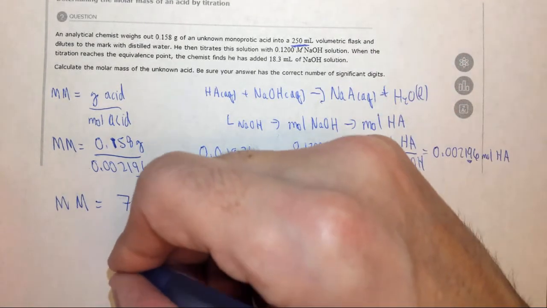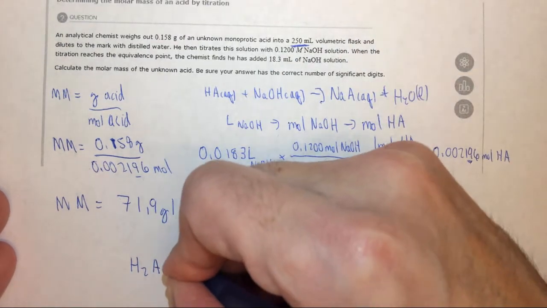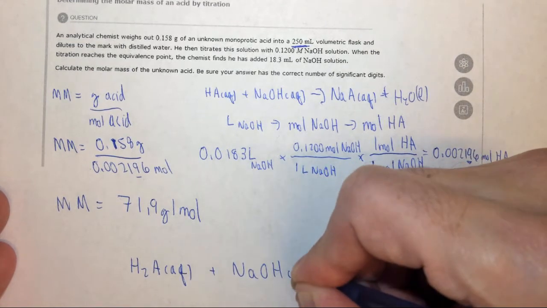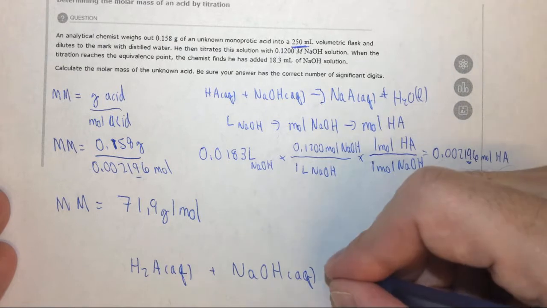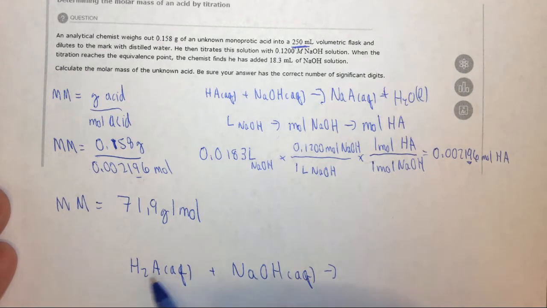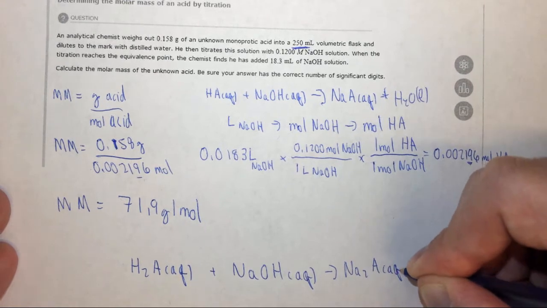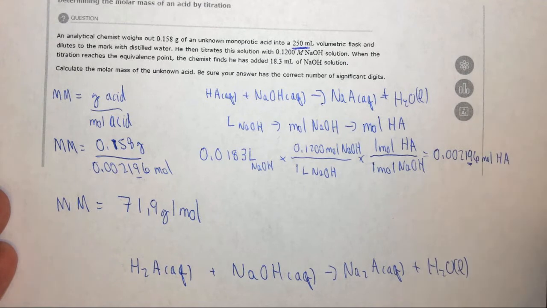So if we have a diprotic acid like H2A aqueous, and we add NaOH, the same thing is going to happen. H goes with OH, Na goes with A. However, A is going to be 2 minus now, and you're going to get Na2A aqueous plus H2O liquid.